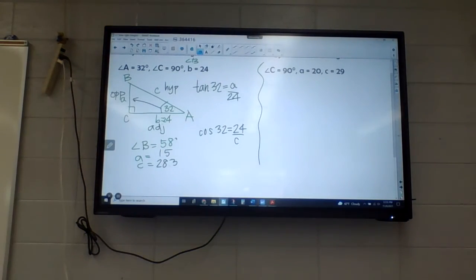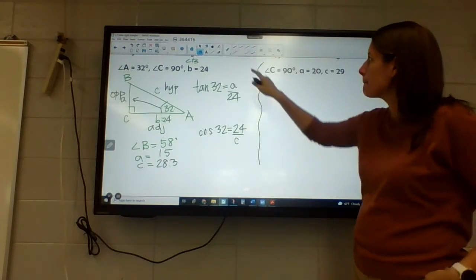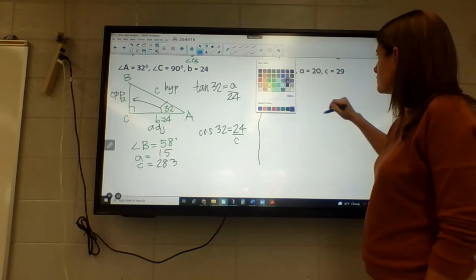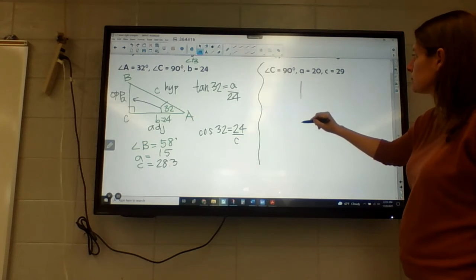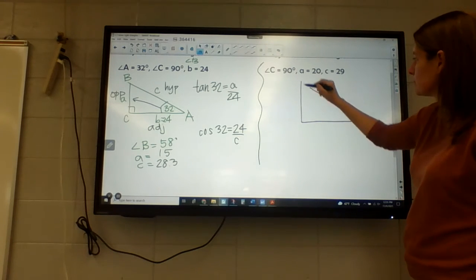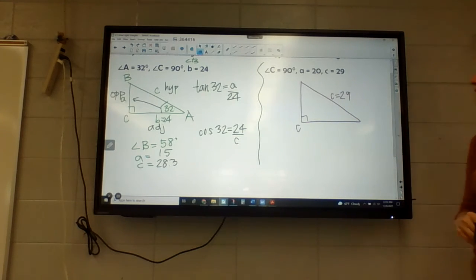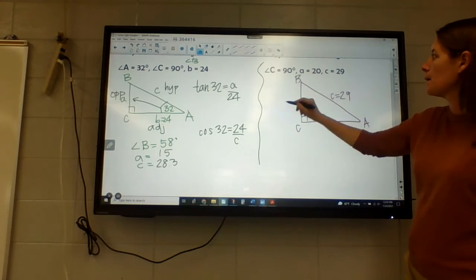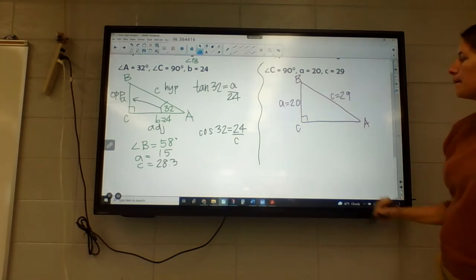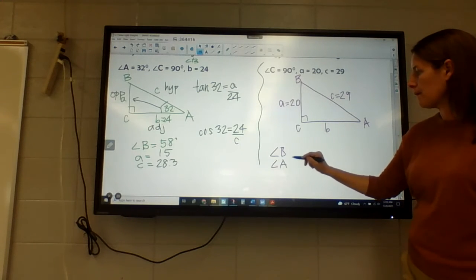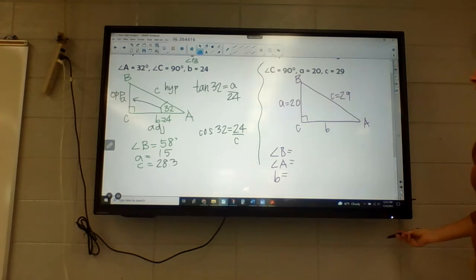I would draw what we've got going on here. So we need to find angle B, angle A, and then also little b.